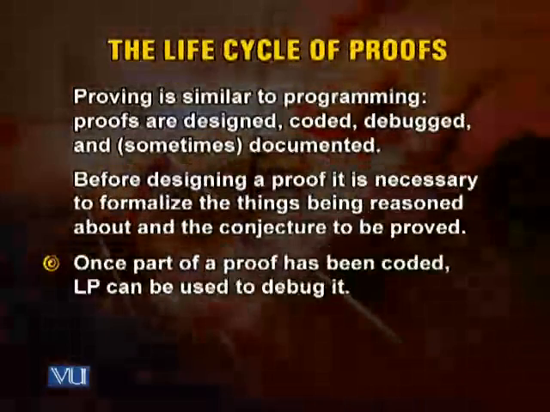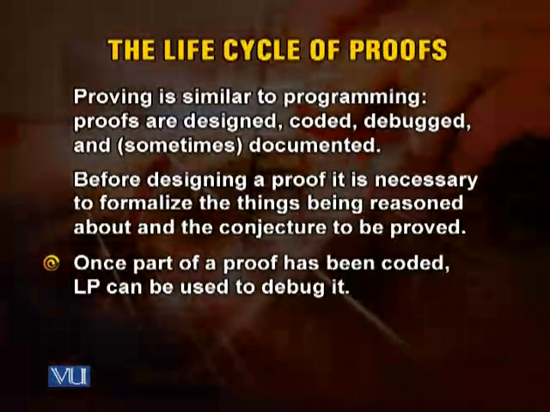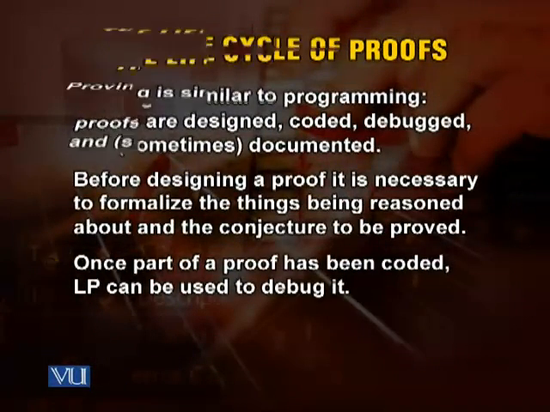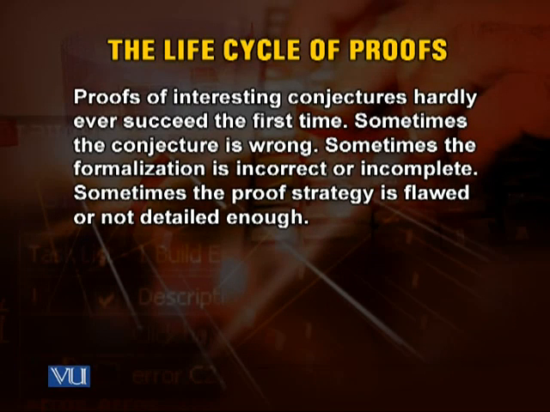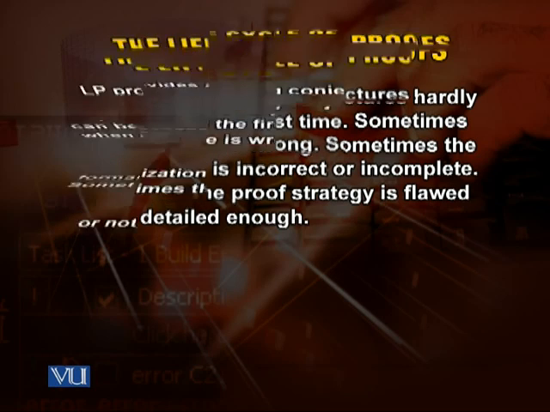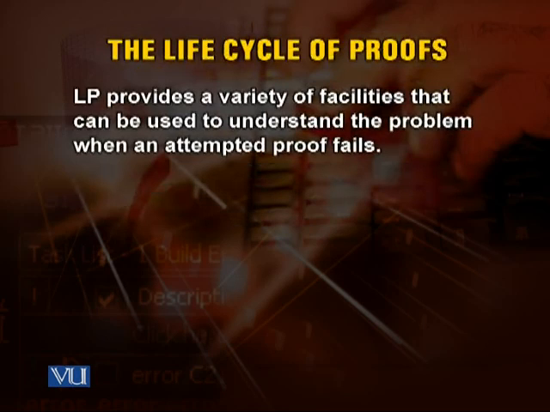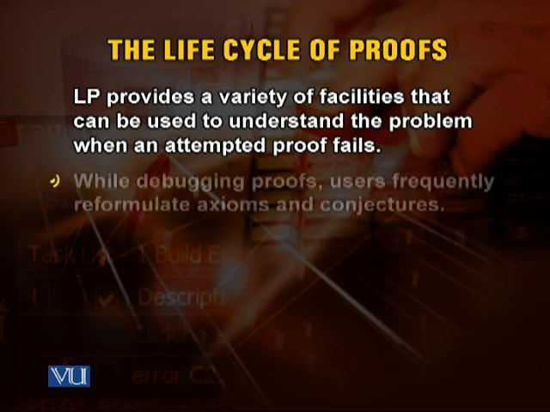Once part of a proof has been coded, LP can be used to debug it. Proofs of interesting conjectures hardly ever succeed the first time. Sometimes the conjecture is wrong, sometimes the formulation is incorrect or incomplete, sometimes the proof strategy is flawed or not detailed enough. LP provides a variety of facilities that can be used to understand the problem when an attempted proof fails.